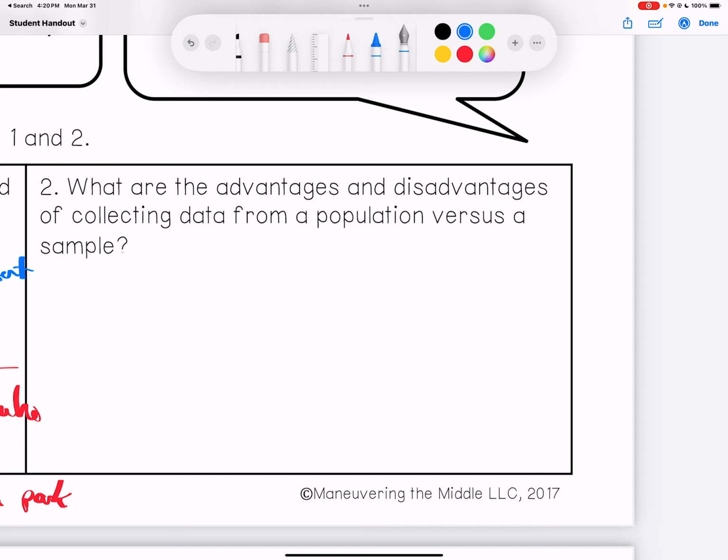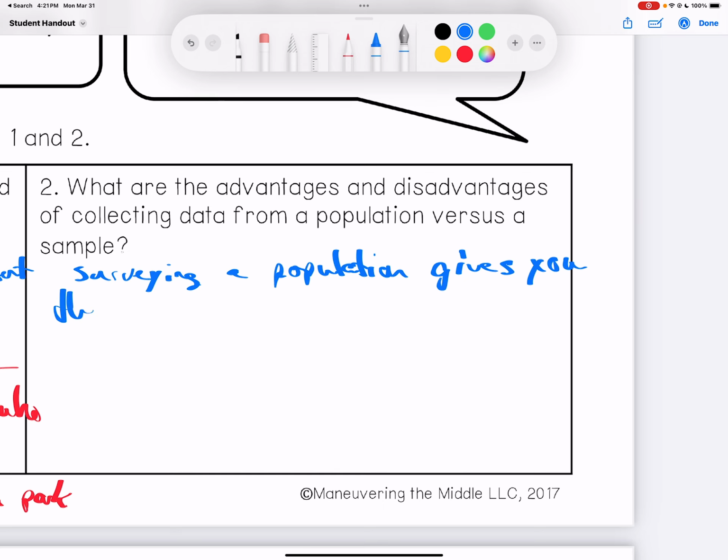What are the advantages and disadvantages of collecting data from a population versus a sample? So, surveying a population gives you the most accurate data.